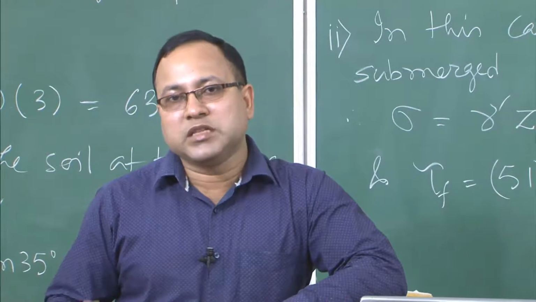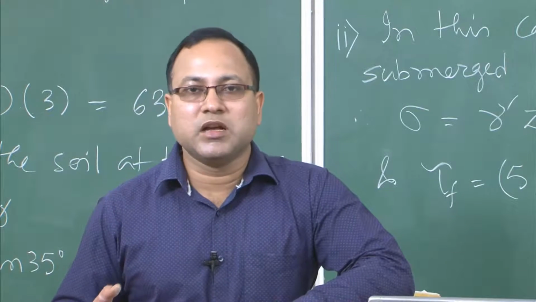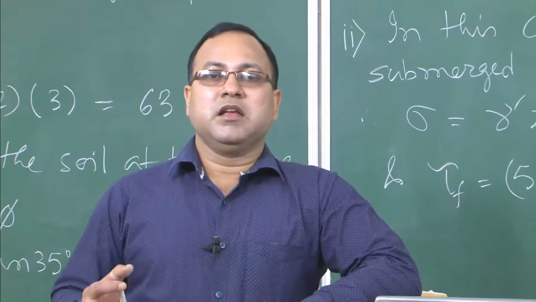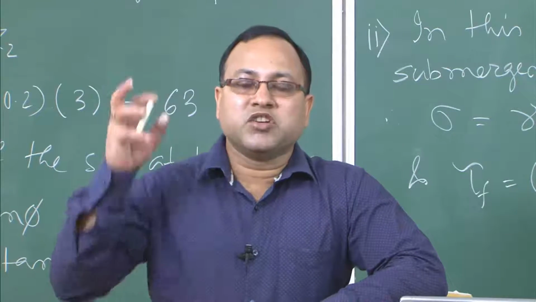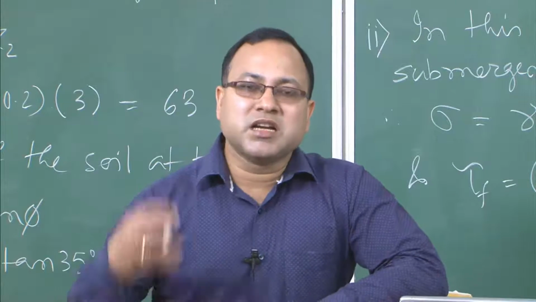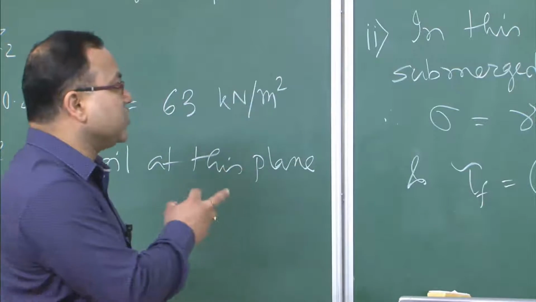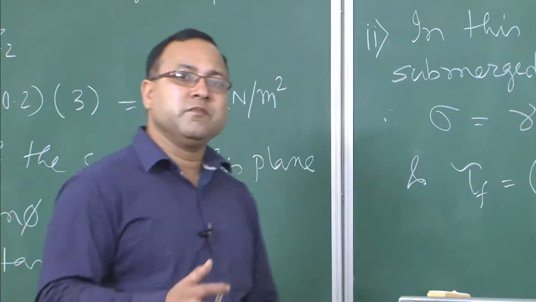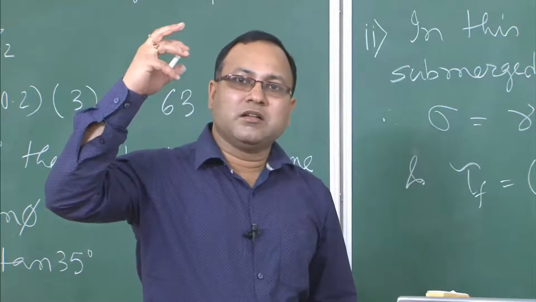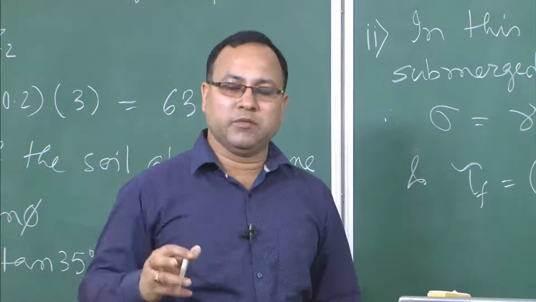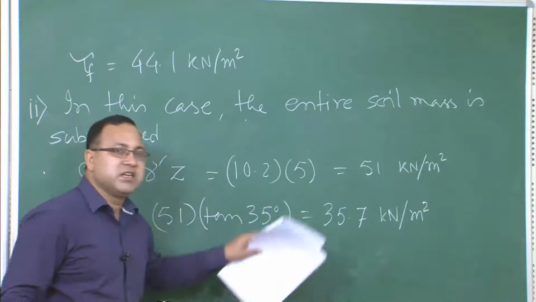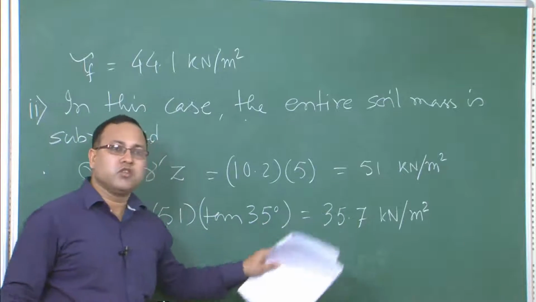If you design the geotechnical structure based on the soil strength or the shear strength, you need to consider the variation of the water table or the worst condition. In this situation, the worst condition is when the water table is rising up to the ground level. So, that is giving you the worst shear strength.